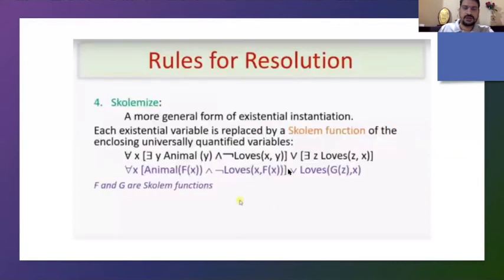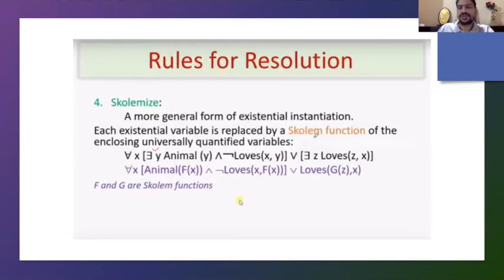Now come to the fourth rule, which is called Skolemization. We have seen in forward and backward chaining also, where to eliminate the existential quantifier, we just replace the variable with some constant. But sometimes we cannot replace the variable with a constant. So for that we use a Skolem function.